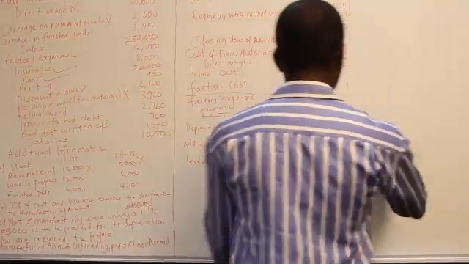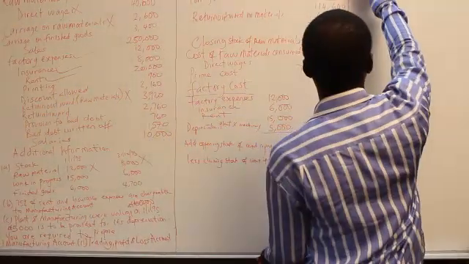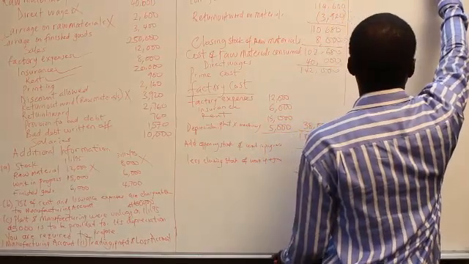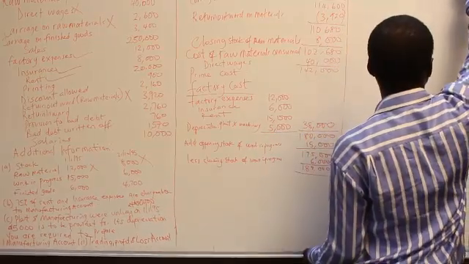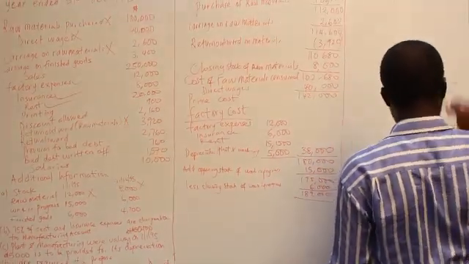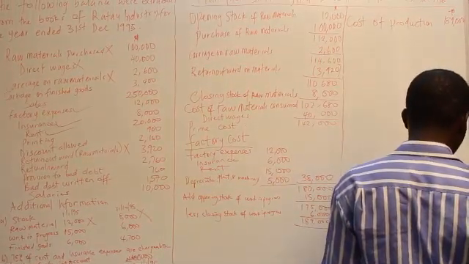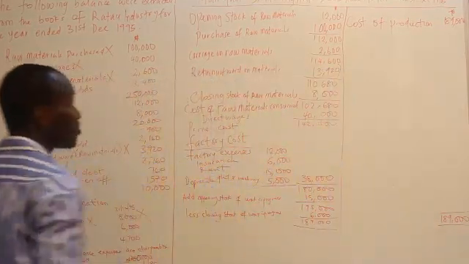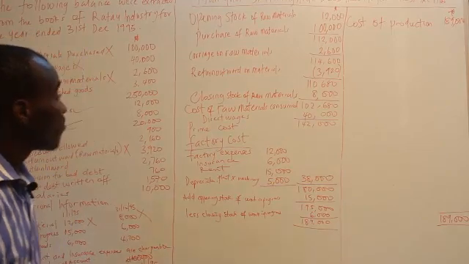The cost of production is 189,000. The next thing is to prepare the trading profit and loss account.